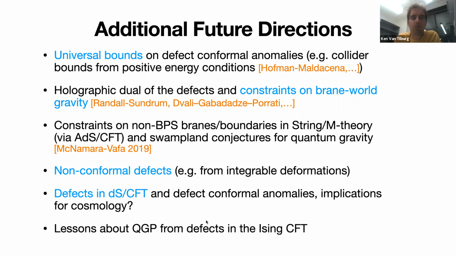Can I just ask a question about maybe the last point? It's also related to what Sergey and Greg asked. So by line defect in Ising CFT, do you mean, let's say, a line of spins where on a certain fixed line, all the spins are up, for example? So it has to be some kind of immobile spin. Yeah, so the line doesn't move, right? That's right. Yes. Okay.